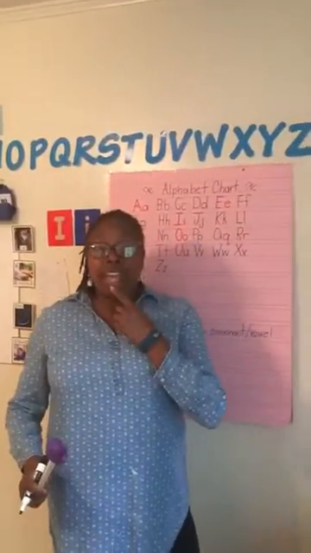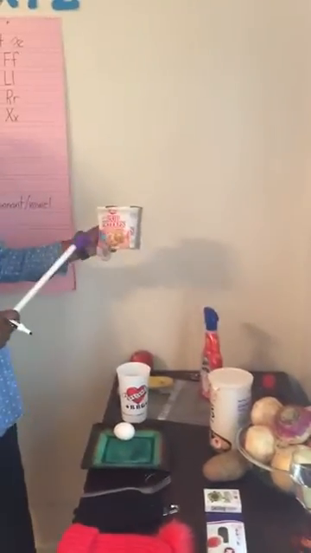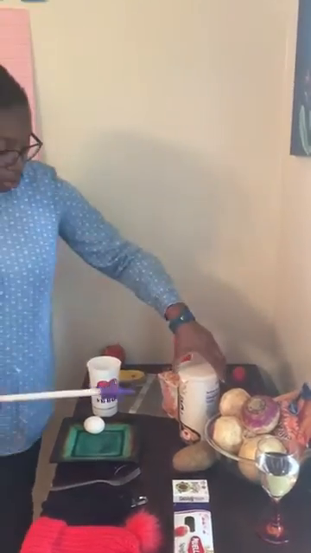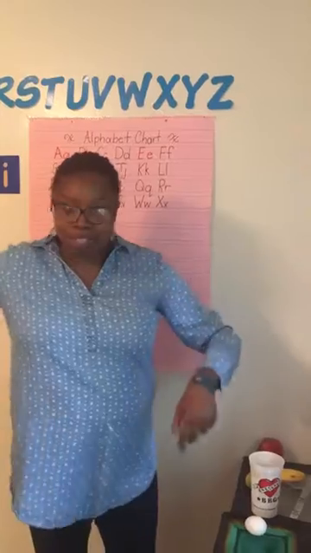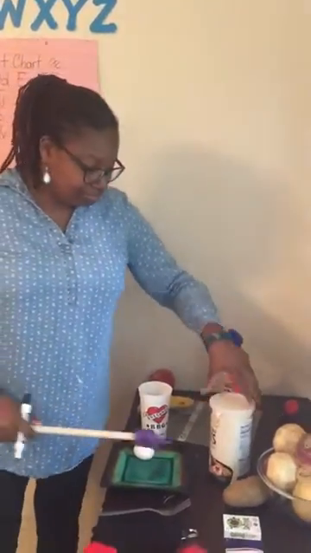Lysol. Mouth. Noodles. Now here we have another vowel, which is O. Short sound of O is ah, like an octopus that has all those legs. Or oatmeal.